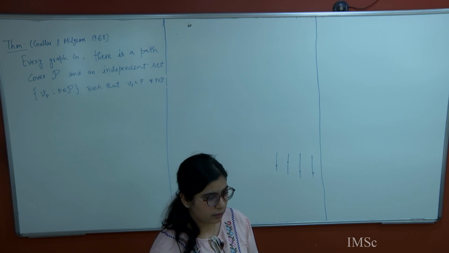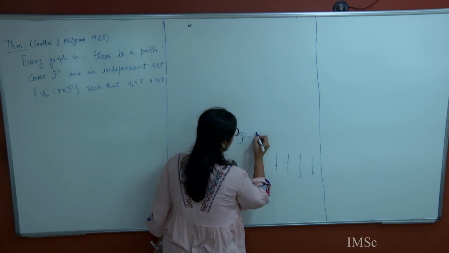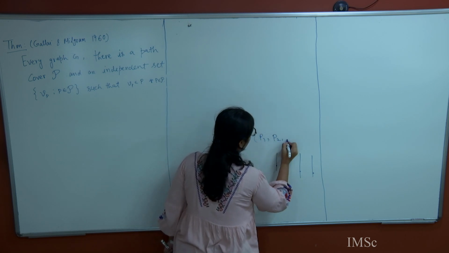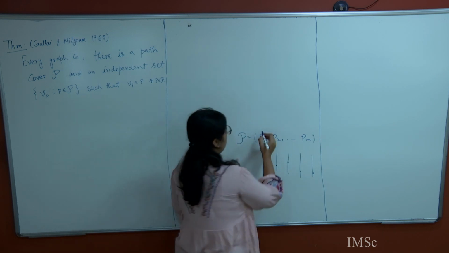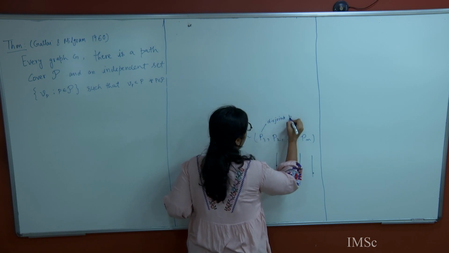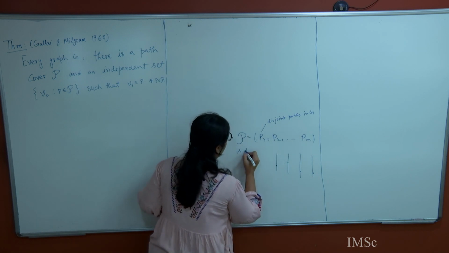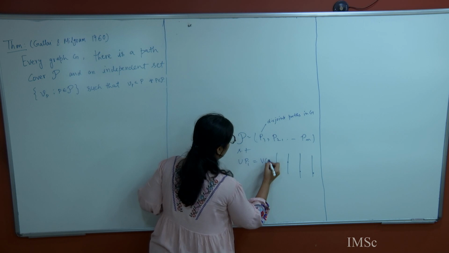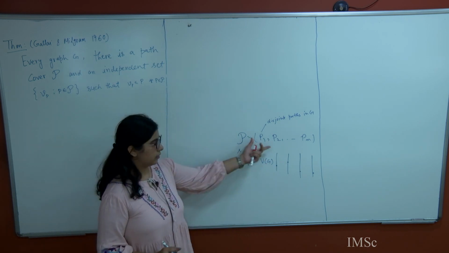So a path cover is basically a union of vertex disjoint paths in G such that the union of the Pi covers the whole vertex set.